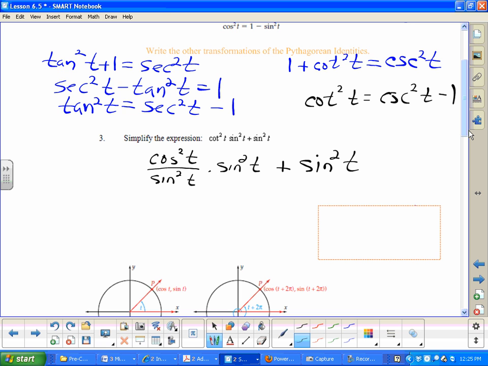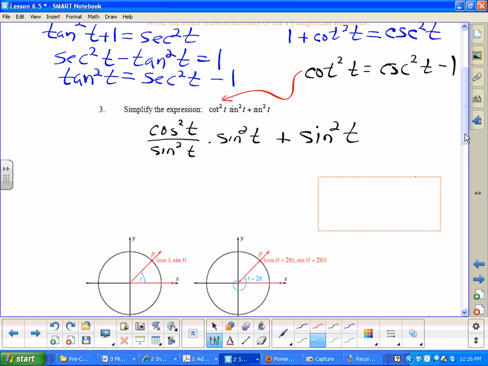Now, sometimes you have to just use trial and error. Try something. If it works, great. If it doesn't, you end up getting stuck, then try something else. Because like I said, there's actually two options here. The option I chose, cosine squared over sine squared, or I could have put cosecant squared minus 1 in there. Either way, I still would end up with the same answer. It's just that one way might be a little more work than the other one.